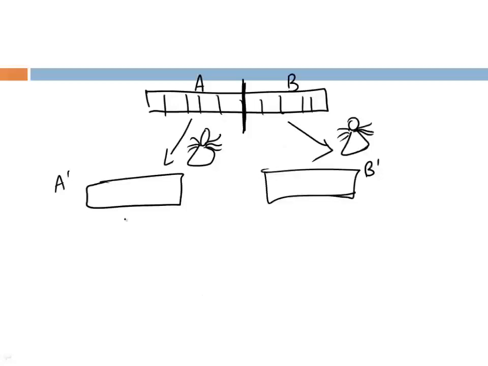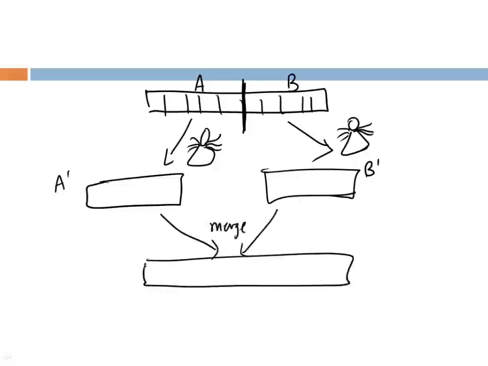Now these are 2 sorted lists, and all I have to do is merge these 2 sorted lists into a single long sorted list. And this turns out to be a much easier problem, so you can do that, resulting in sorting the entire array that you were given in the beginning. This sorting algorithm is called merge sort, and you will see this later in the course, and it turns out that it's an optimal sorting algorithm that uses divide and conquer.